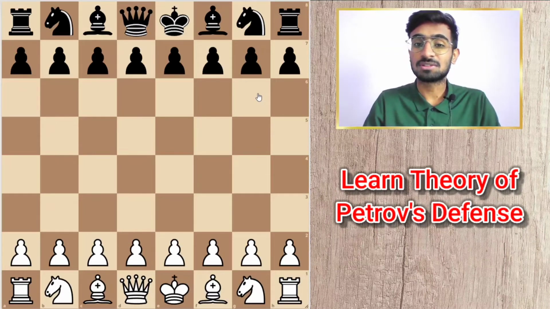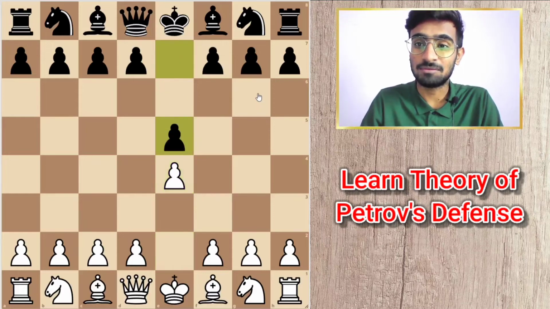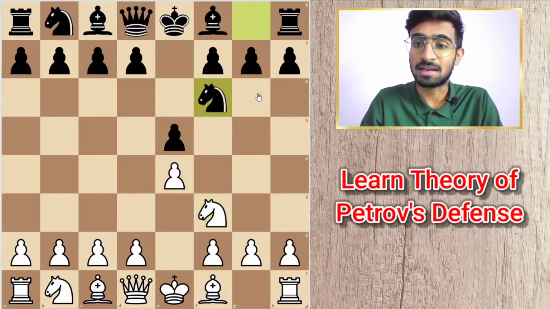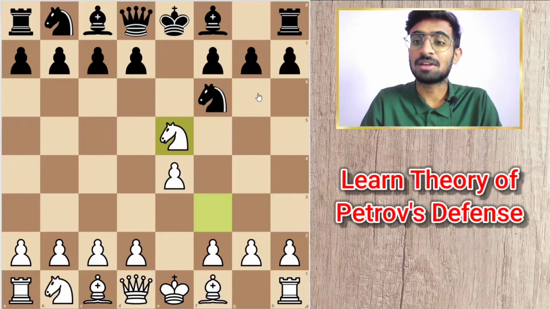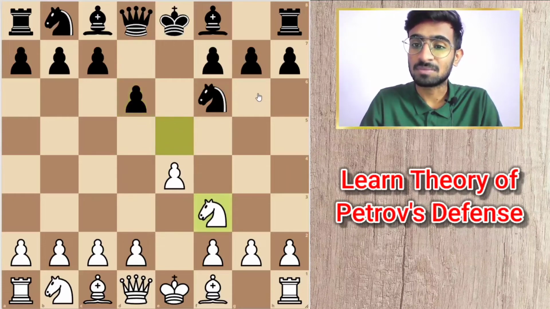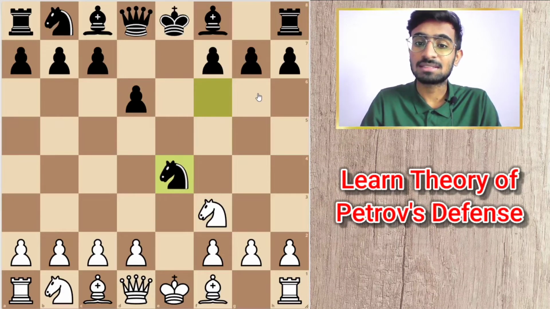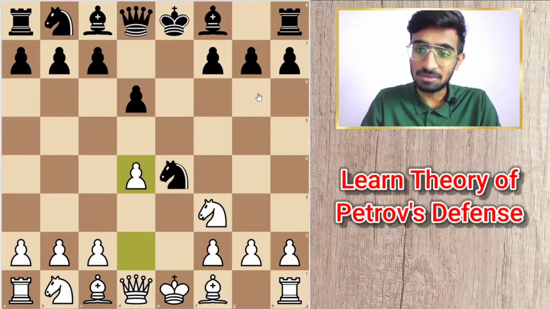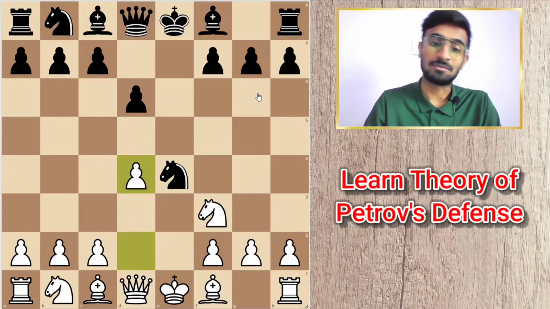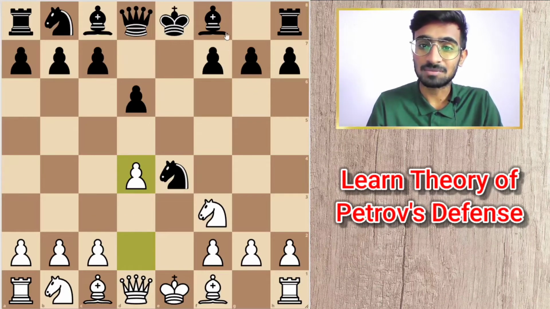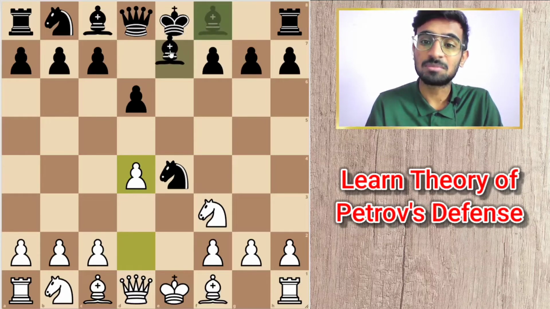It starts with the moves pawn to e4, e5, knight f3, knight f6, knight takes e5, pawn to d6, knight f3, knight takes e4, pawn to d4. It's just like the first one, but here the move is bishop to e7.